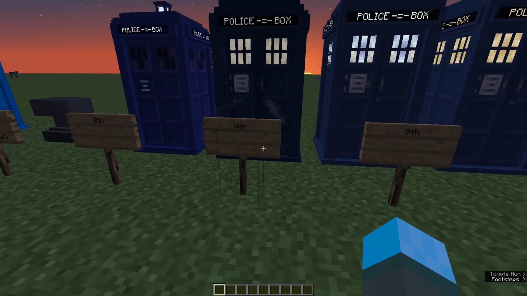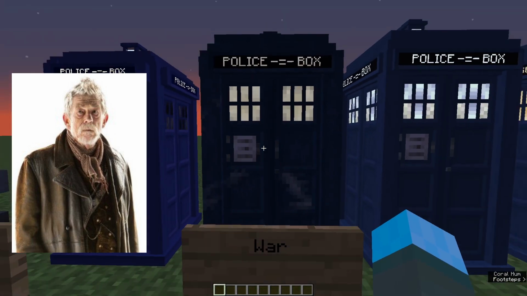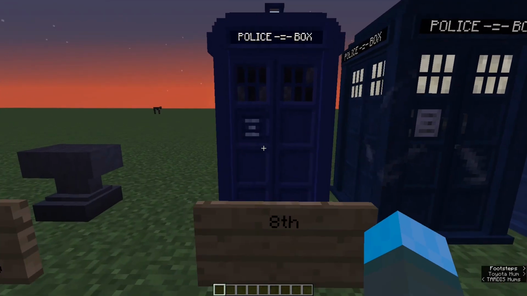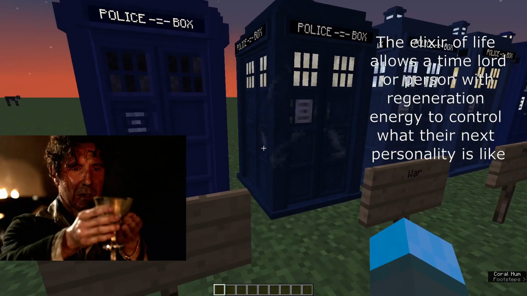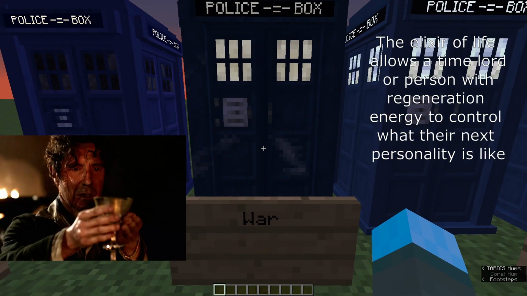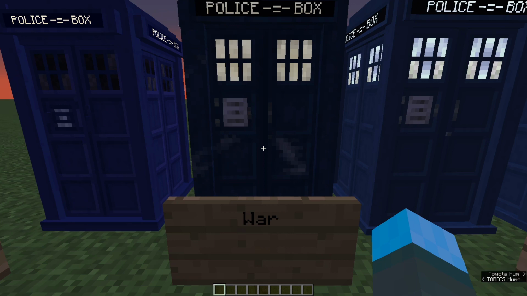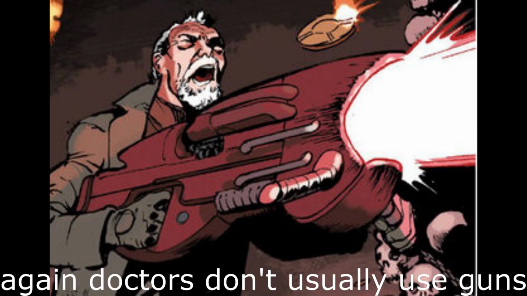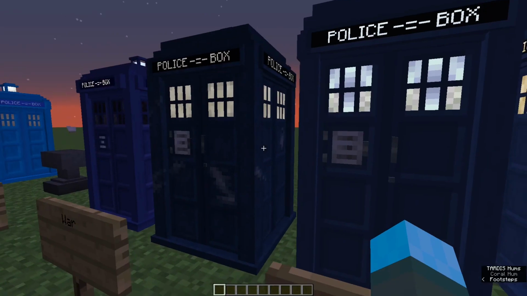This was due to the War Doctor, a Doctor that was created by the Eighth Doctor to destroy Daleks, essentially. He doesn't have the same morals as the normal Doctor, and this is his TARDIS.